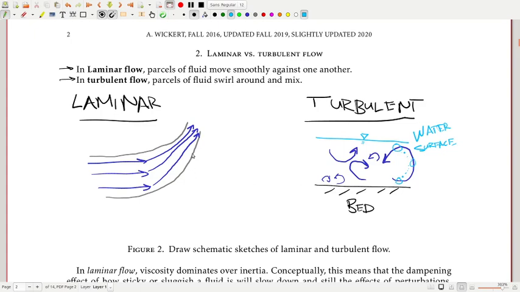And that's not the case in laminar flow, where one parcel of water starts here and trucks along to here and continues along to here, right? It stays in the exact same position. So these parcels of water are able to mix up and down and move. And that's one key characteristic of turbulent flows.